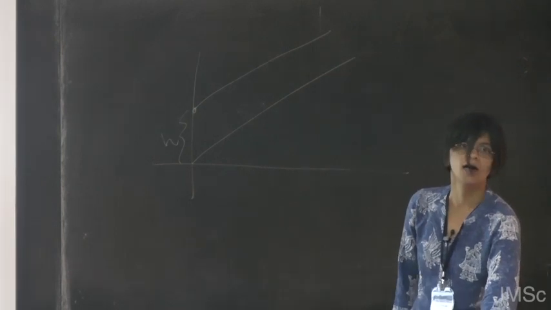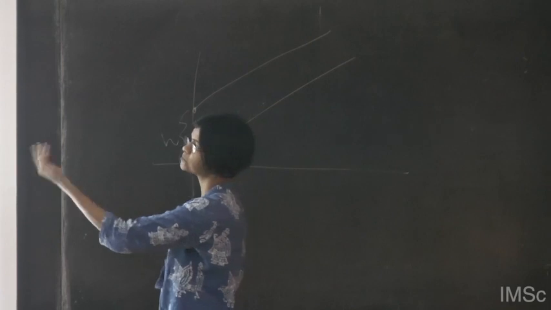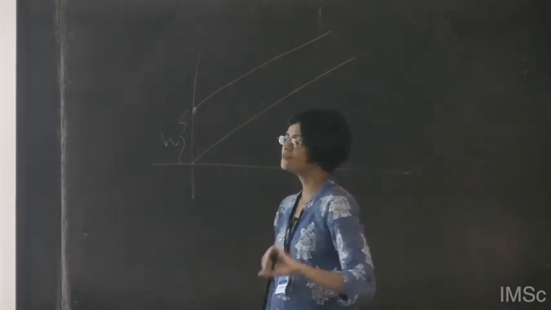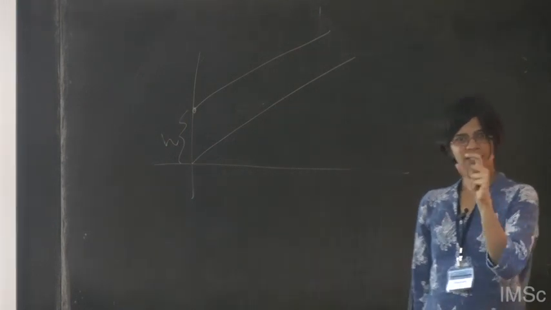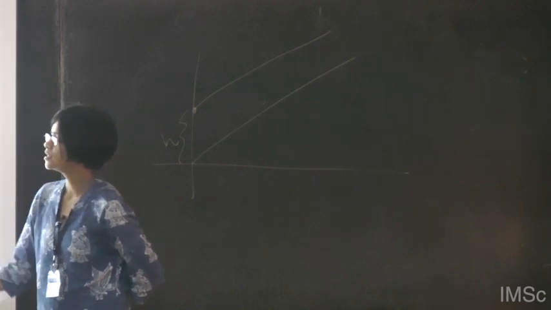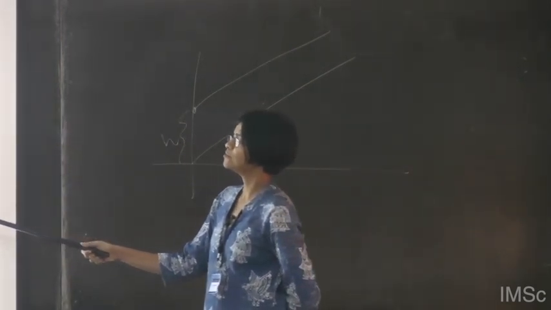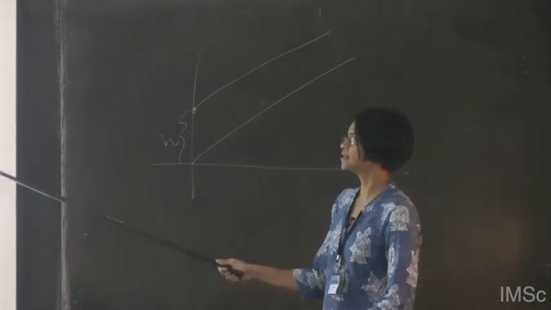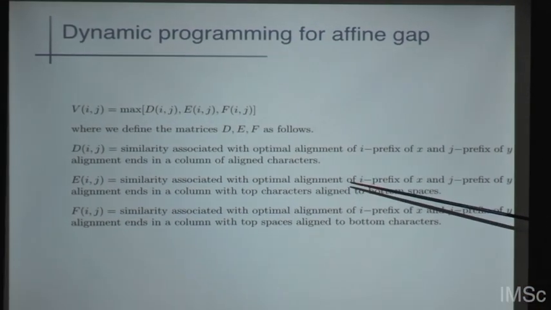So what people do, or what Gotoh proposed, was that you now have three matrices instead of one. Every matrix has a specific meaning. Matrix D will store the similarity associated with the alignment of the i prefix of X and the j prefix of Y, just like we had so far, but insisting on i and j being aligned.